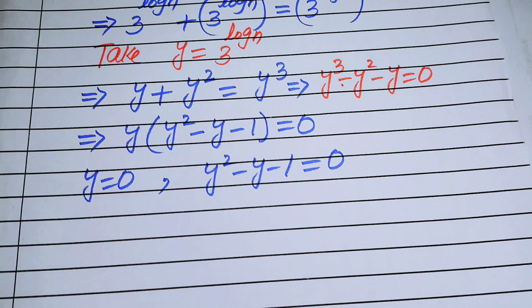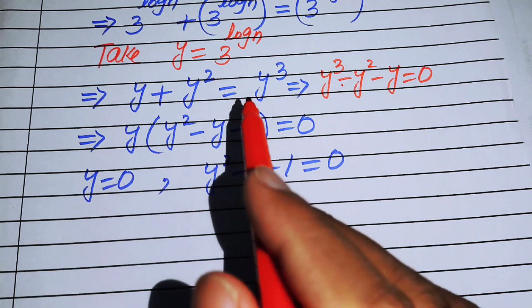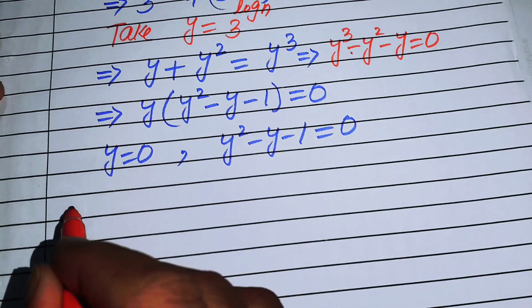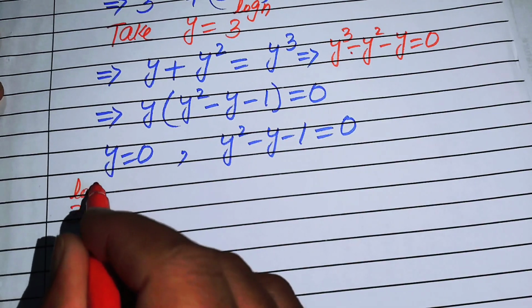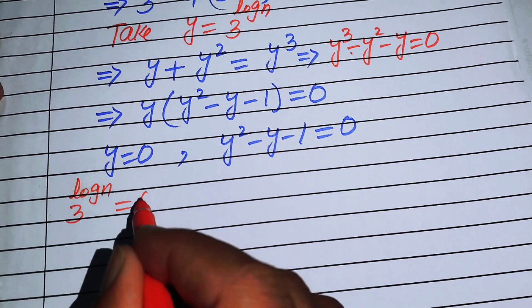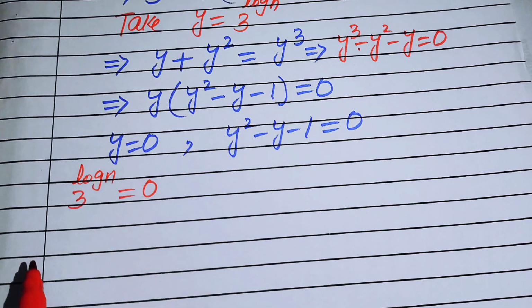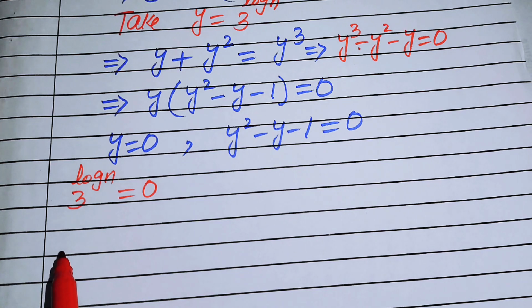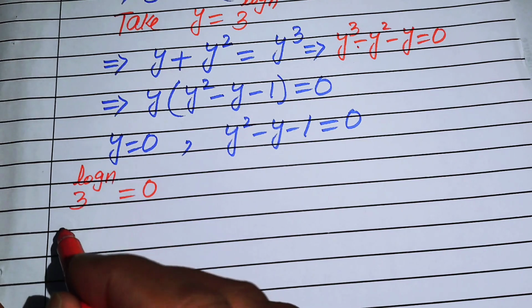Now we will back substitute the value of y. Here y equals 3 to the power of log of n, so putting y equals 0, it becomes 3 to the power of log n equals 0. On the left hand side we have an exponential function, and you know that an exponential function cannot equal 0. An exponential function always gives a value greater than 0, so this is not possible.